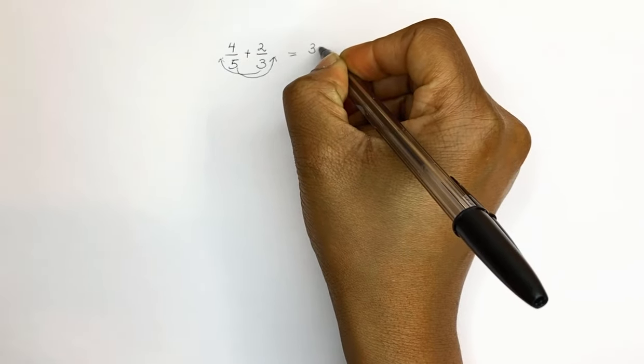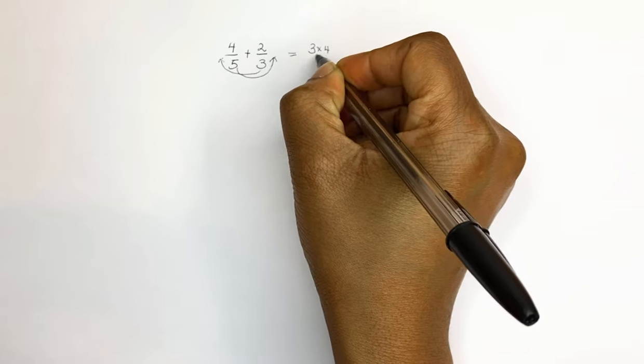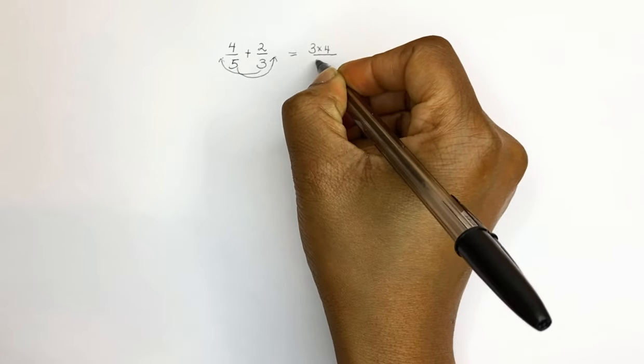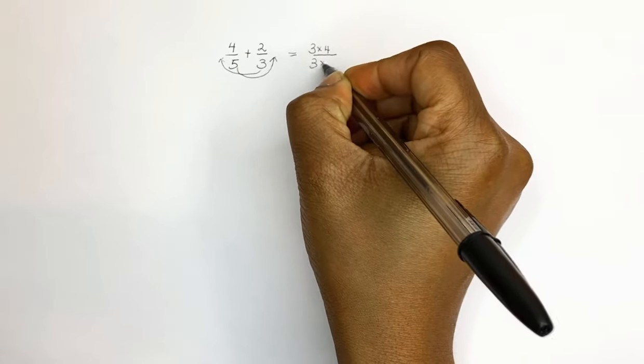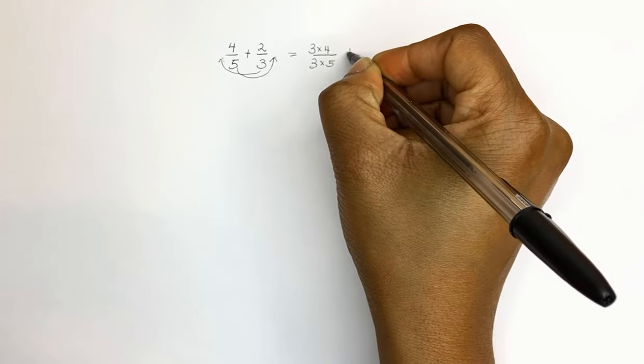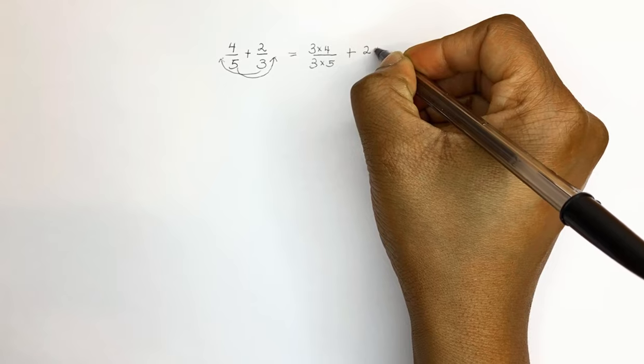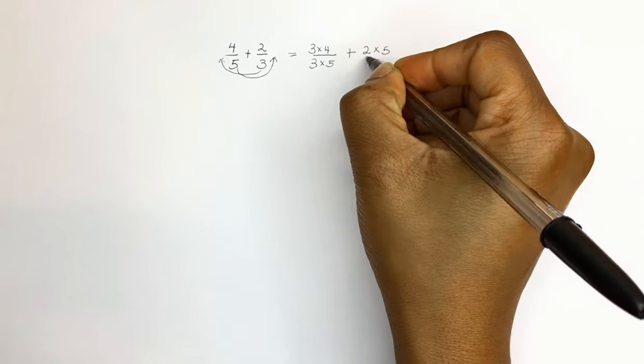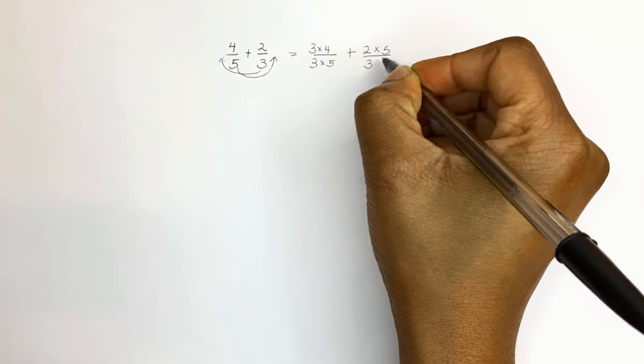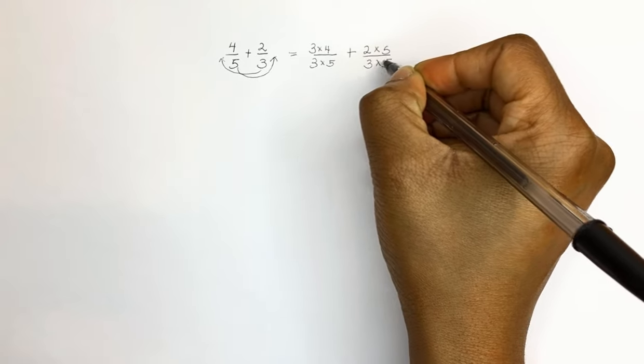3 times 4 over 3 times 5 plus 2 times 5 over 3 times 5.